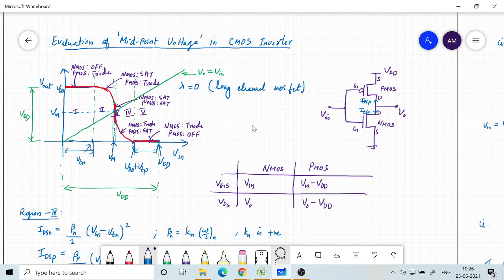I have taken Vtn larger, and as a result you can see that the midpoint VDD by 2 is somewhere here, whereas your Vm is greater than that. So if I decrease my Vtn, what will happen? It will start bending from here early, and then it will go like this. So this is for a low value of Vtn.